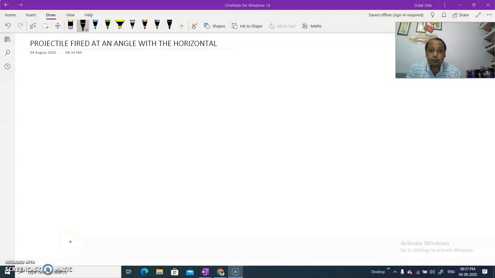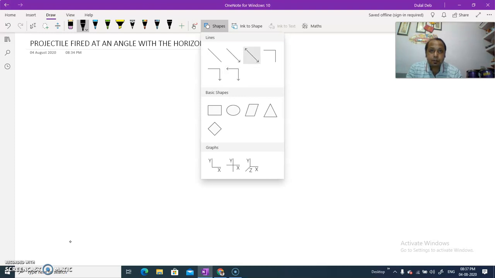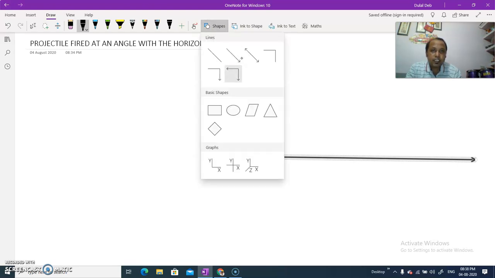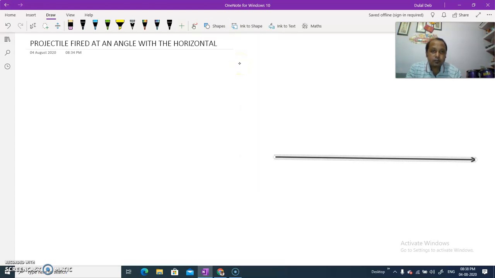First of all, we will take a coordinate system. Here is the x-axis, and then we will take the y-axis also.